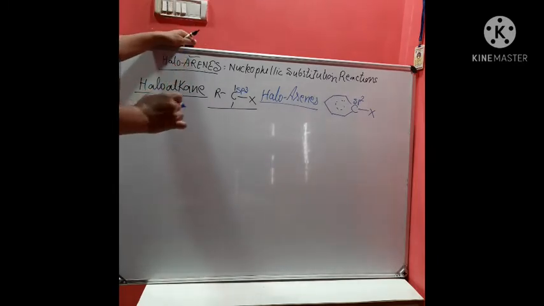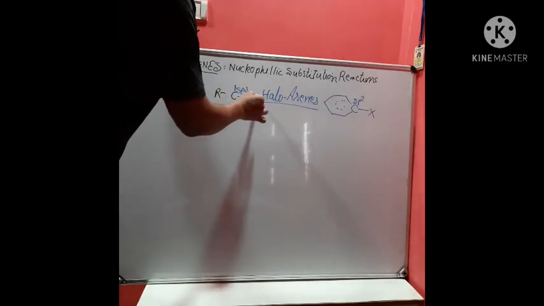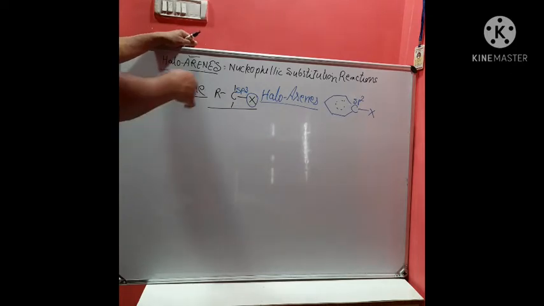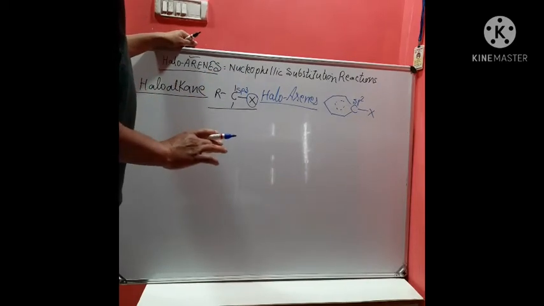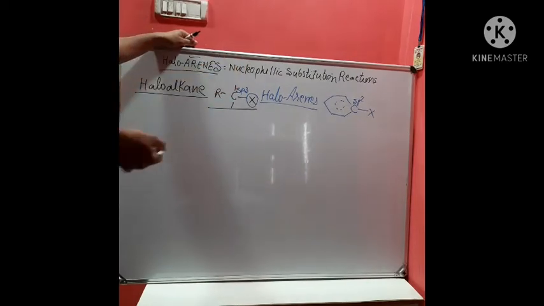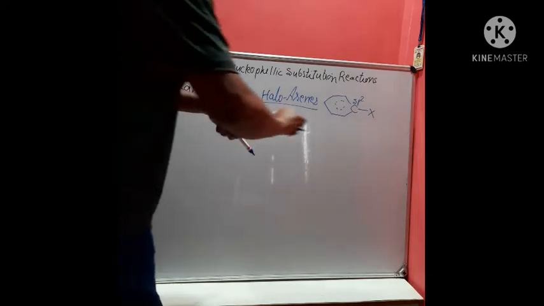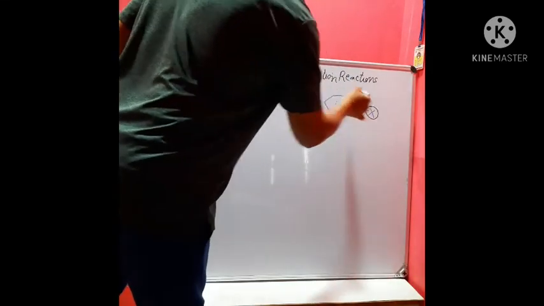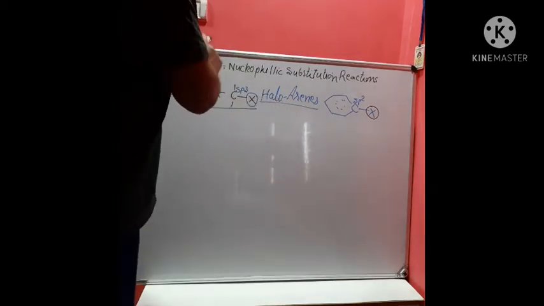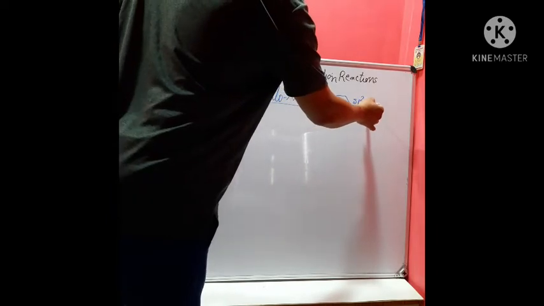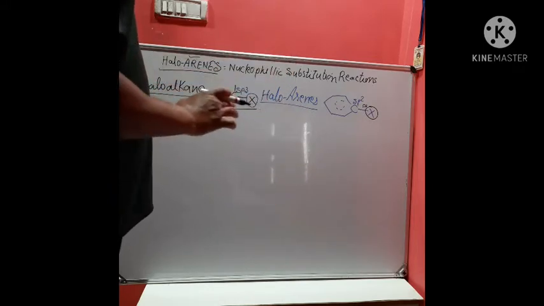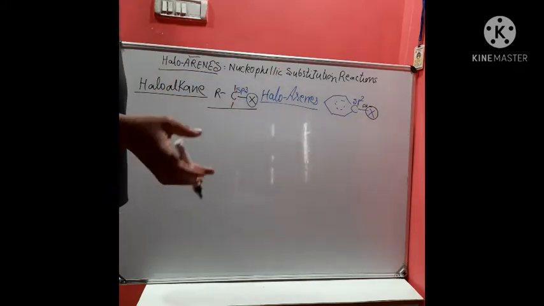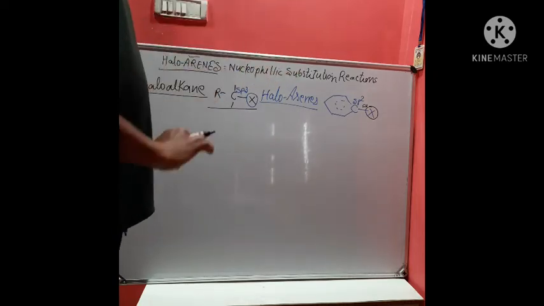Nucleophilic substitution reactions occur when the halogen atom, in the form of halide ion, is substituted by any other nucleophile. Similarly, in the nucleophilic substitution reaction of haloarene, the C-X bond is to be broken and the X should be released as X anion by the nucleophile.